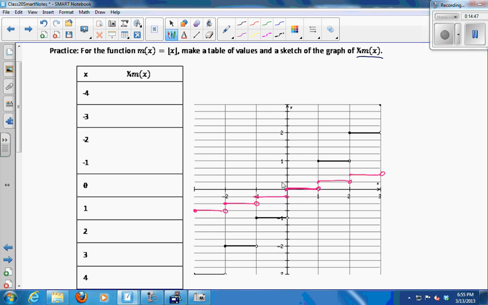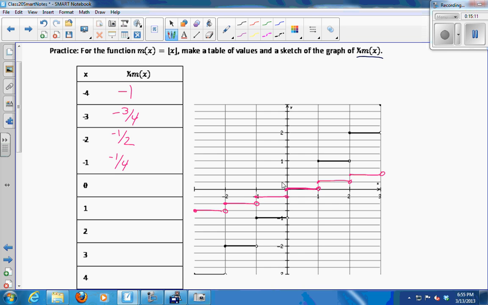And we should be able to do that using the table also. Take 1/4 of the y value. M of x is just the y value. So I get 1/4 of -4 is -1, -3/4, -1/2. It's not absolute value, it's greatest integer, right?